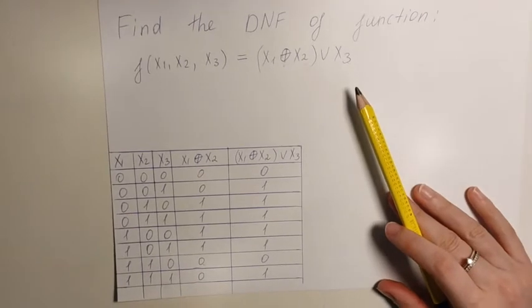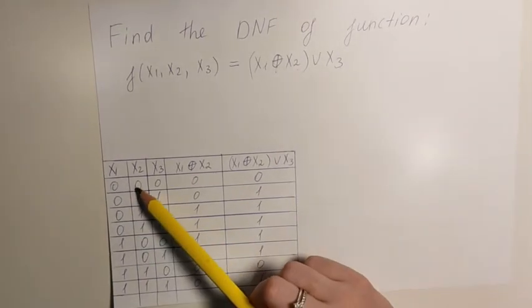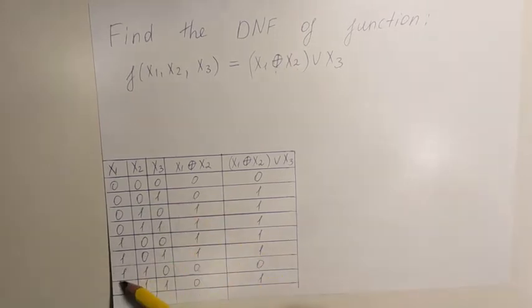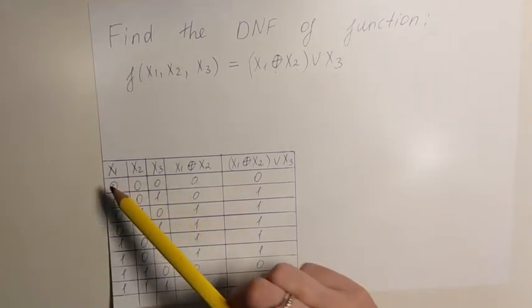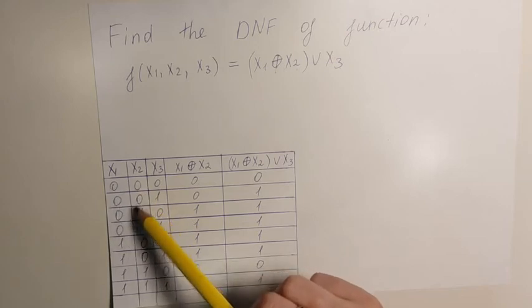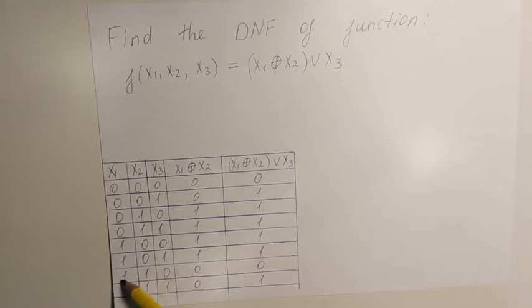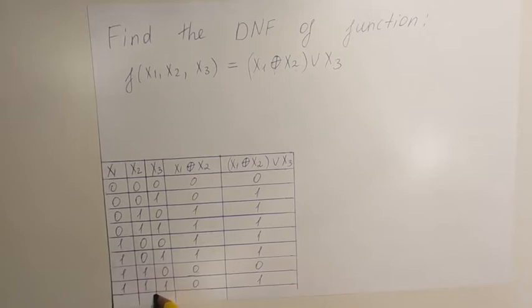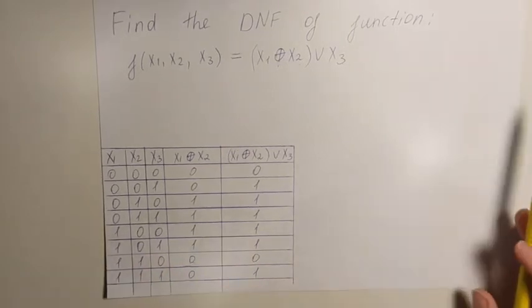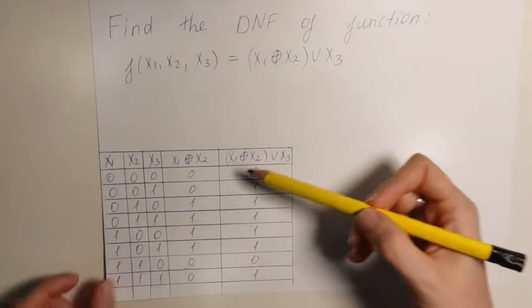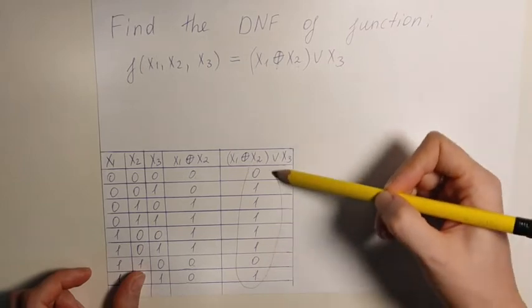Here the result is also 0 because the truth values are the same. This is the opposite of biconditional. So this is the truth table. The final result is this.